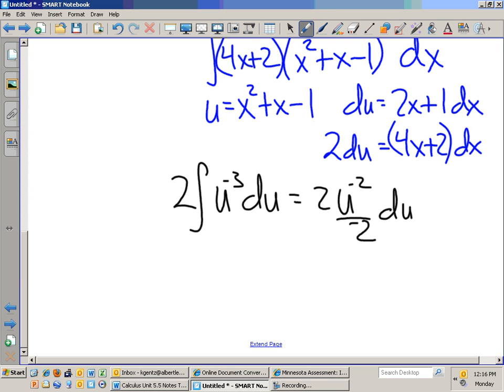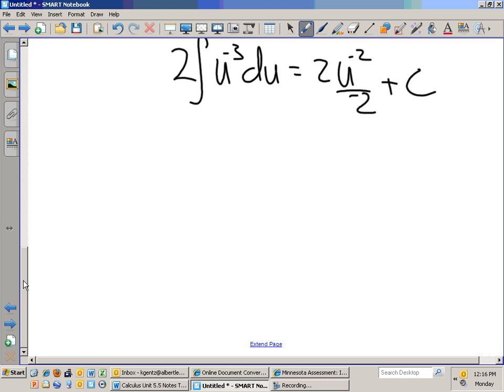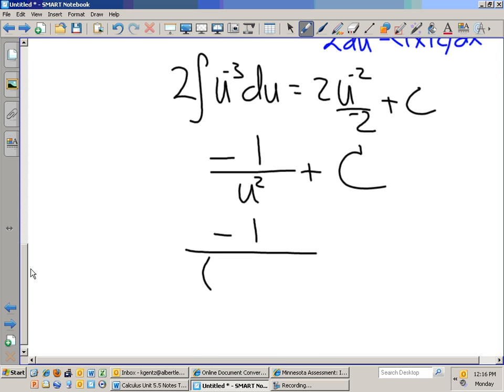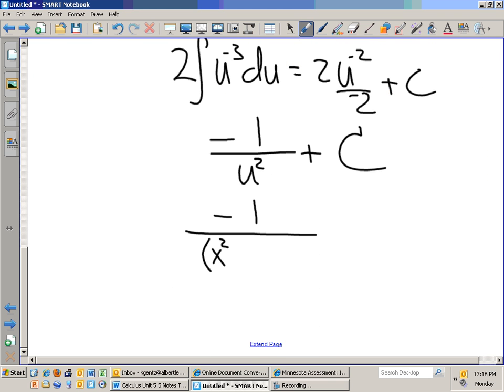It's plus c. Correct me if I'm wrong, but that's just equal to negative 1 over u squared plus c, correct? Which is negative 1 over x squared plus x minus 1, quantity squared, plus c.